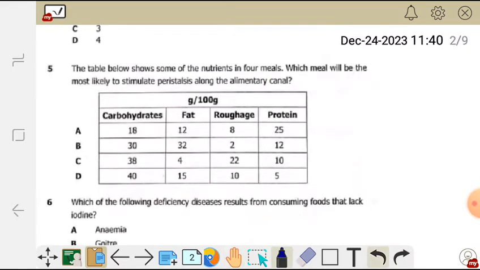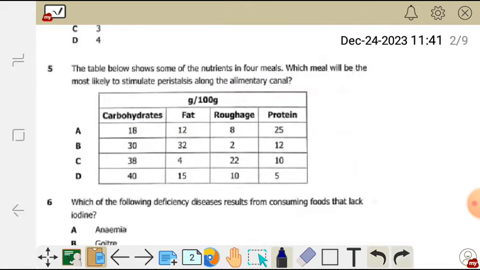The table below shows some of the nutrients in 4 meals. Which meal will be the most likely to stimulate peristalsis along the alimentary canal? Okay, so we have this table which shows nutrients in 4 meals. So we have carbohydrates, fats, lipase, and proteins.